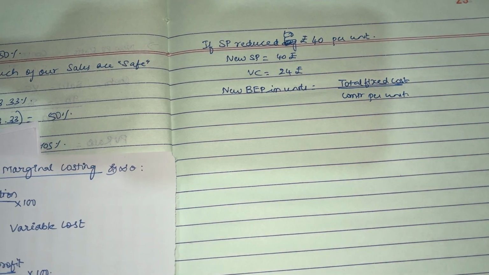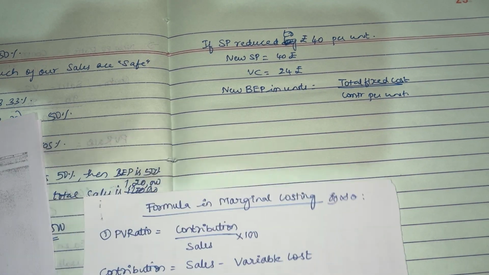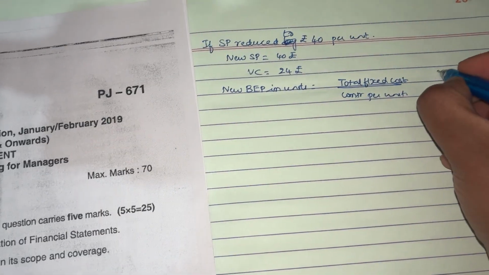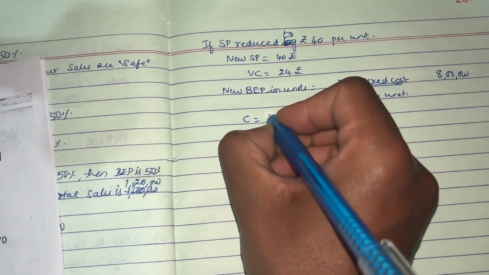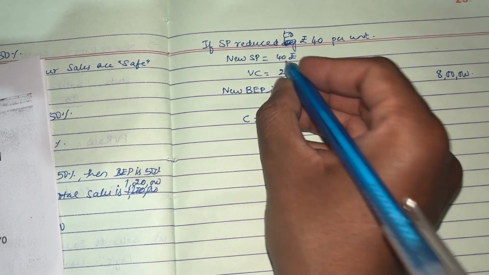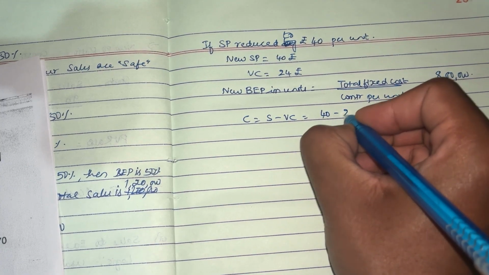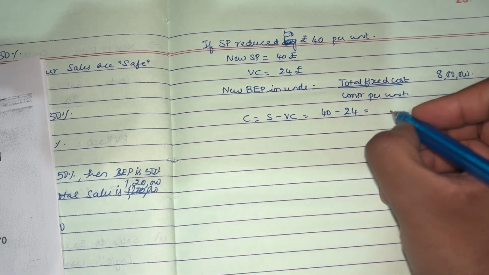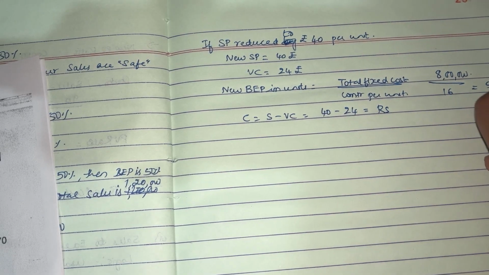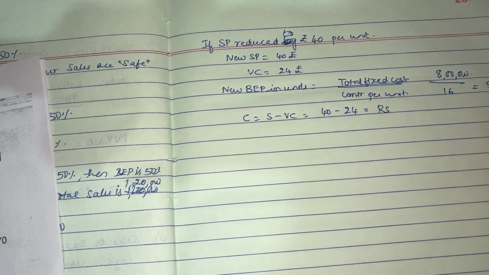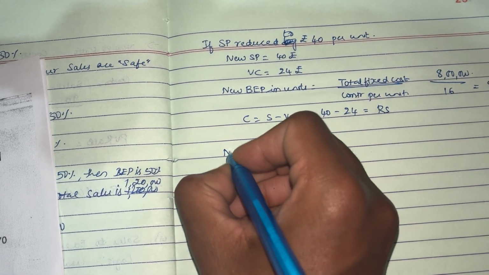Now total fixed cost will never change. It remains constant because you have seen here total fixed cost is 8 lakh. But your contribution per unit will change. Contribution is equal to sales minus variable cost. Your sales is now 40 rupees minus 24 rupees, which will come to 16 rupees. So 8 lakh divided by 16, you will get 50,000 units.